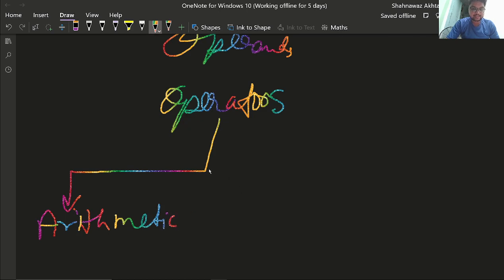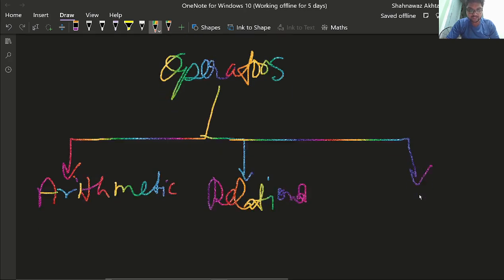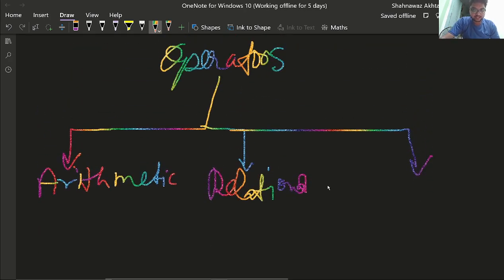Then second one is relational. I will tell you what they are. And then third one is logical. Just for now, remember that these are the three types of operators. If you know, then it's very good. But if you don't know, then please learn. And if you know, then please revise it.